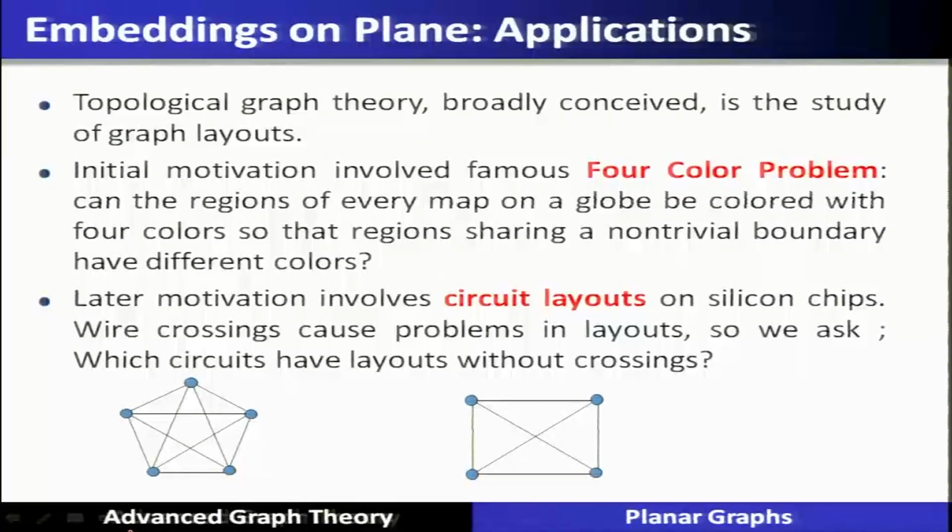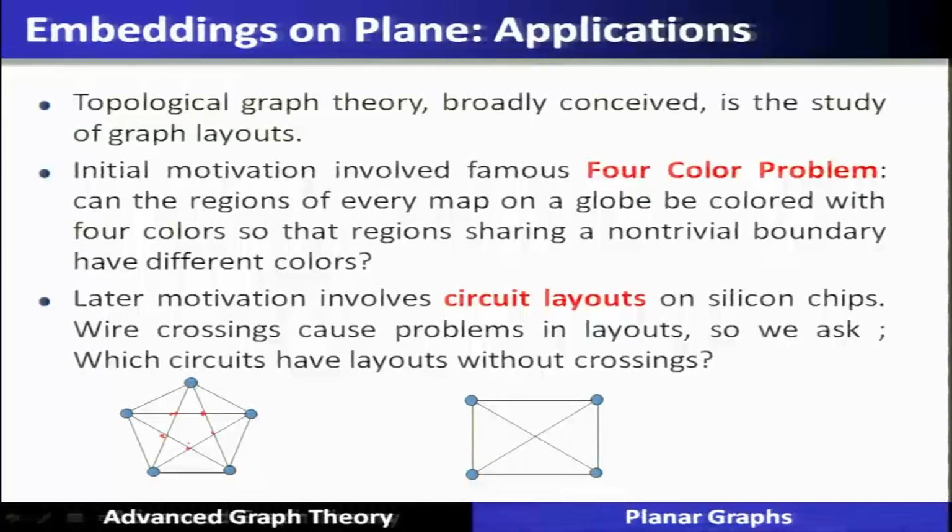A later motivation for graph embedding on a plane involves circuit layouts on a silicon chip, where wire crossings cause problems. So, the question is asked: which circuits have layouts without crossings? The two example graphs shown here are embeddings with crossings, shown by the red dots.